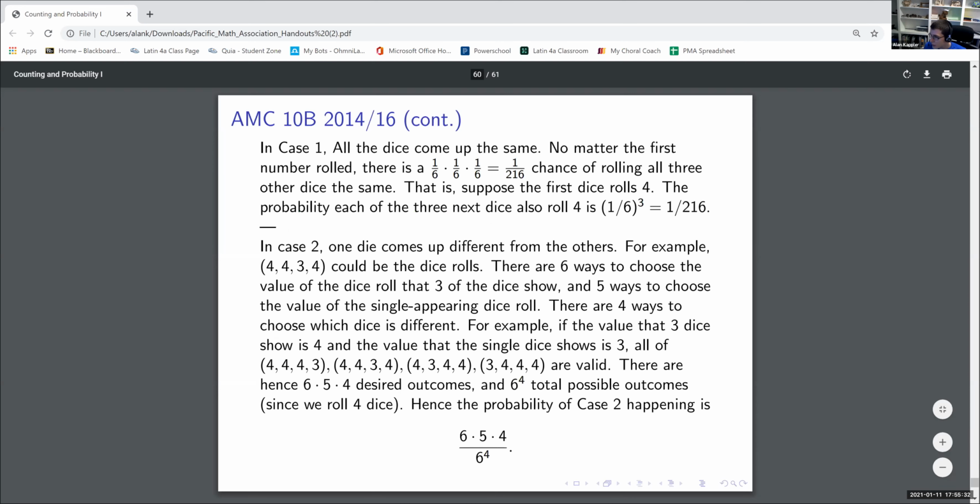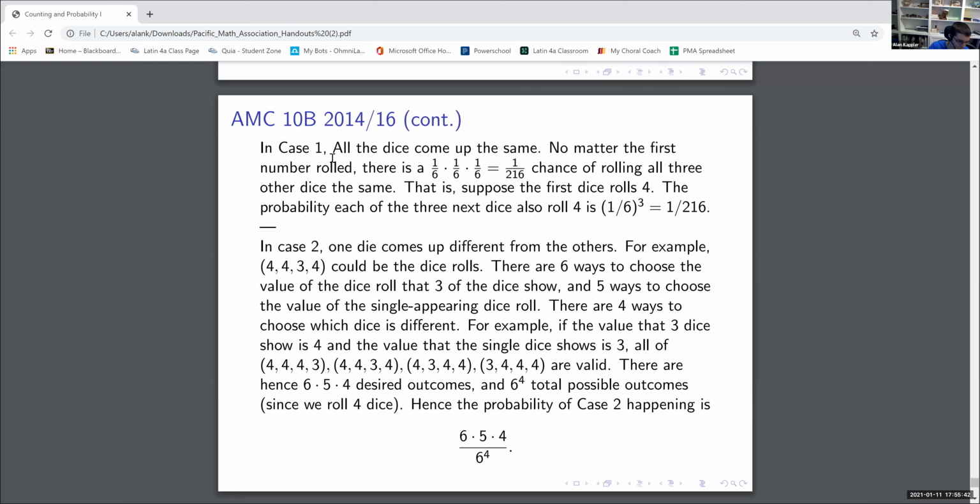The reason why we multiply by 4 is that for every case in which, for instance, die number 1 comes up a 3, and all the other dice come up a 4, there's another case where die number 2 comes up a 3 and all the others come up a 4, or when die 3 comes up a 3 and all the others come up a 4.